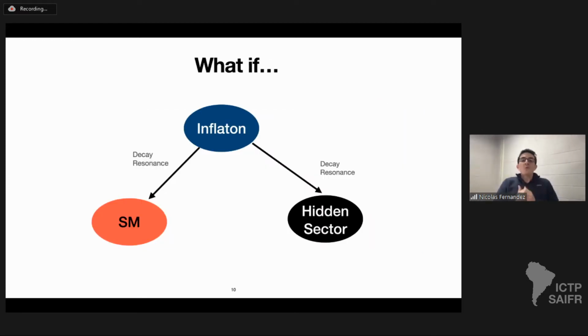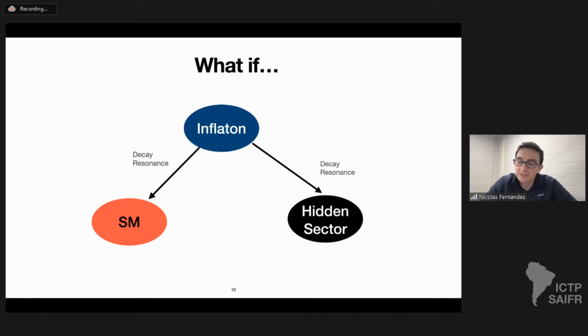So what if somehow the inflaton decays or has some interaction with some hidden sector and the standard model, right? I'm being very general. I'm not specifying any inflationary model or any reheating model. It is just a very natural way to think that the inflaton could give some hidden sector relic density.